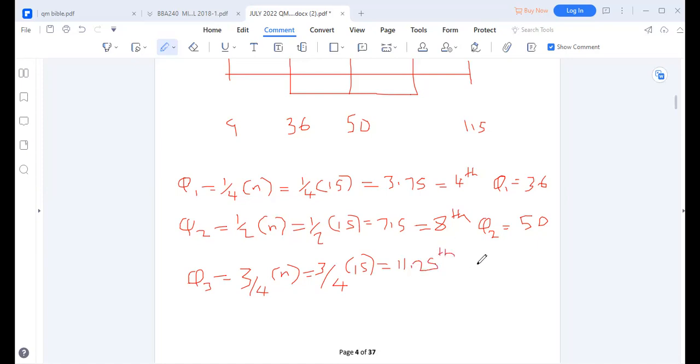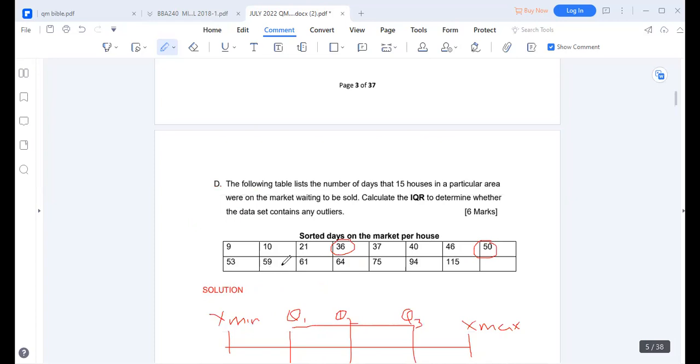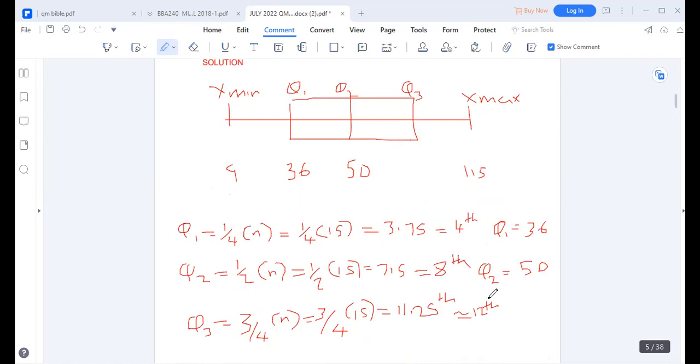No, you round up regardless of the decimal. So this will be the 12th. And the 12th number is what? So here we had 8, 9, 10, 11, 12. 12, which is 64. So this is 64. All right. So 64 is here.